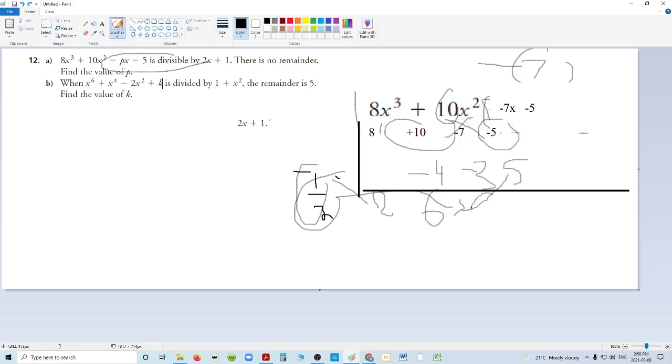That means whatever I'm multiplying here times a negative half has to come out with plus 5. That means the only number I could be multiplying it by is a negative 10, because negative 10 times negative a half is plus 5.